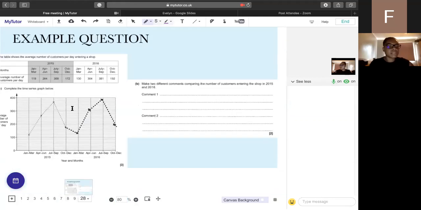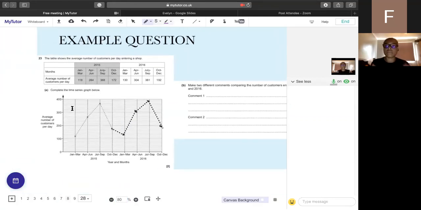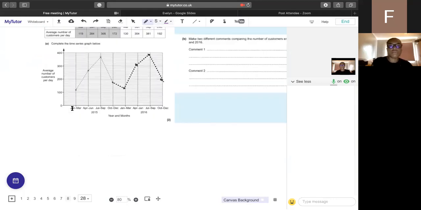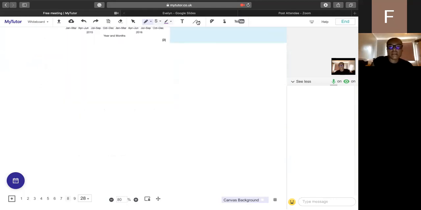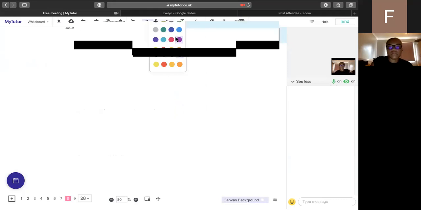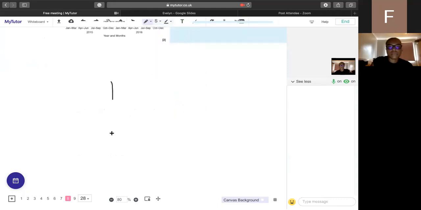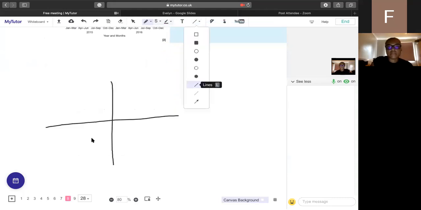So a line graph is when you draw a straight line that goes through all your points. That's a straight line graph. A time series graph is just straight lines which connect each of your points. So for instance, if I draw an example of a line graph down here, a line graph would be something like this.